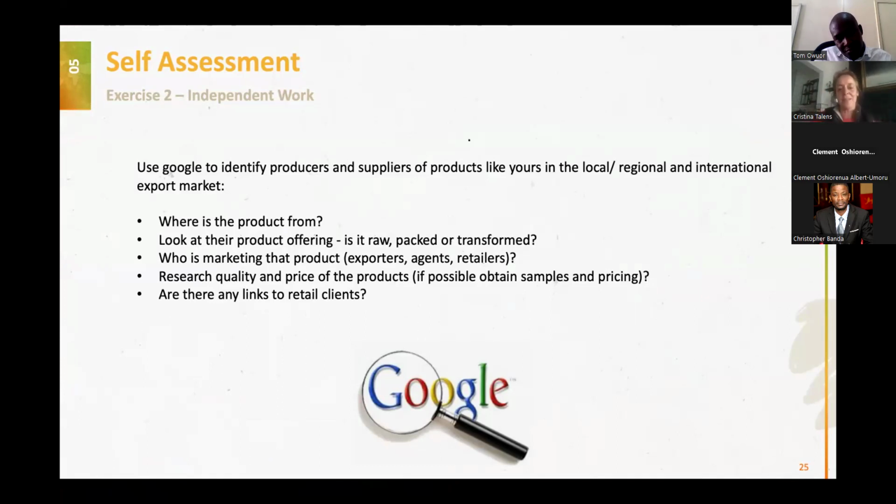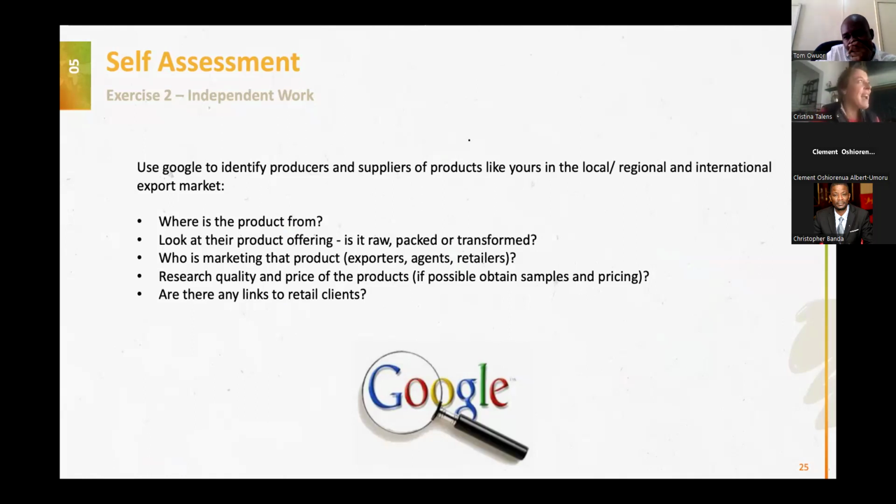Is it packed? Have they transformed it into a juice or dried fruit or something? Who is marketing that product? We want you to look at the exporters and the retailers who sell it. When we say marketing, it's also selling that product. Then we want you to do some research on the quality and the price of those products.